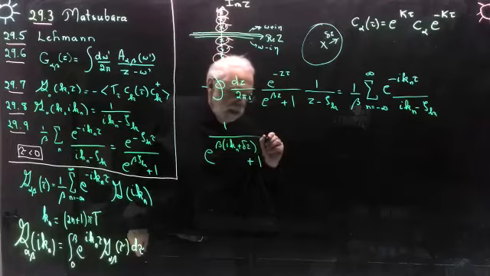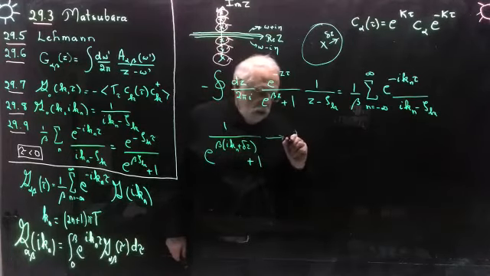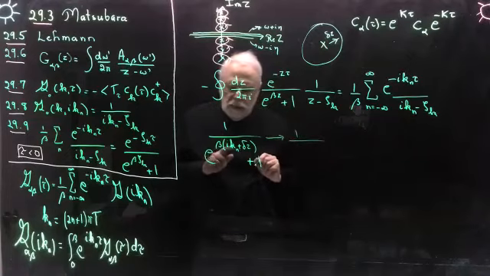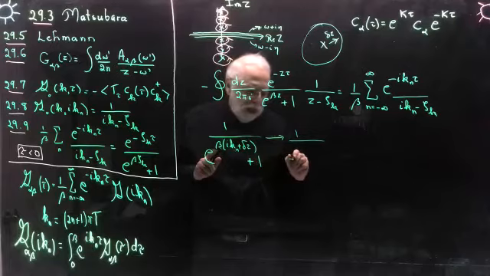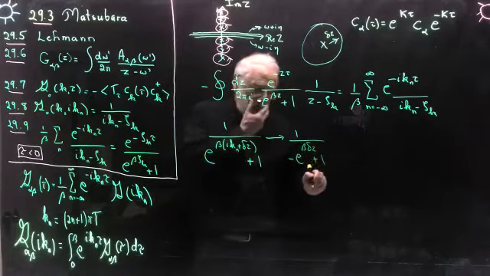So when delta z is small, I have 1 over e to the beta ikn, which is equal to minus 1, we said. So it's minus exponential of beta delta z, plus 1.